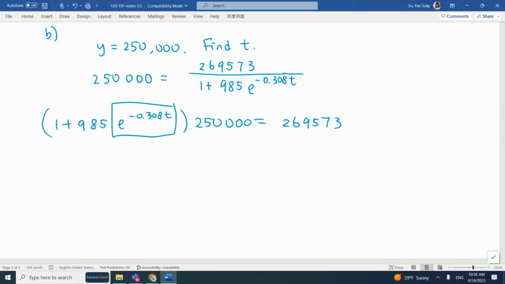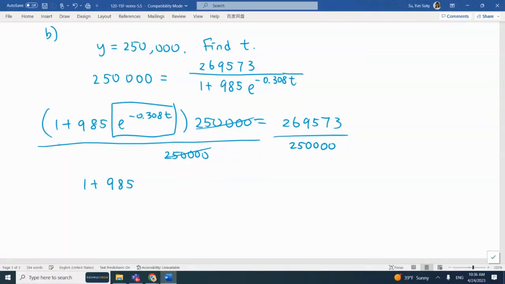So we divide by 250,000. So you get 1 plus 985 e to the negative 0.308t equals... question?